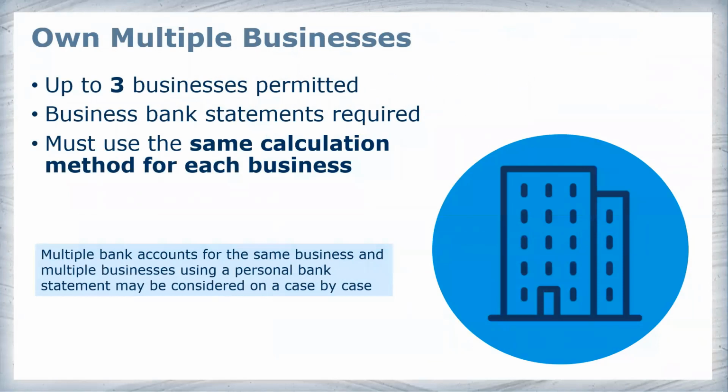As we stated earlier, we have allowed on this program up to 3 businesses. So if they own more than 3, they can only use 3 businesses. So you want to take the businesses that are making the most money. Business bank statements are required, and the same calculation method must be used for all businesses.